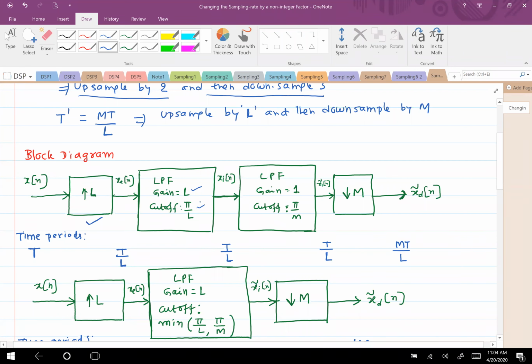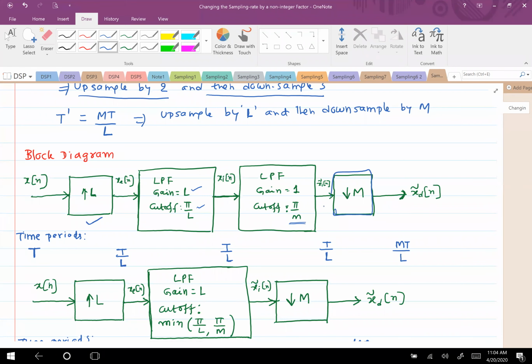And then while you downsample, if you remember, you first do a low pass filtering to avoid any possible aliasing. If you are doing it by M, pi by M is the cutoff frequency; there should not be any frequency higher than that to avoid aliasing, okay? And then you downsample the signal by factor M.